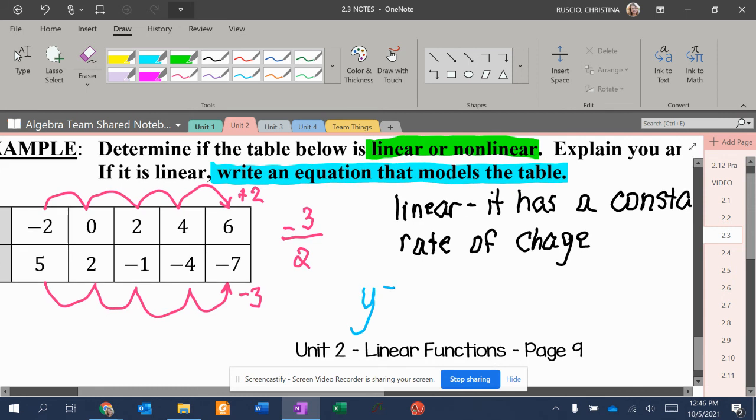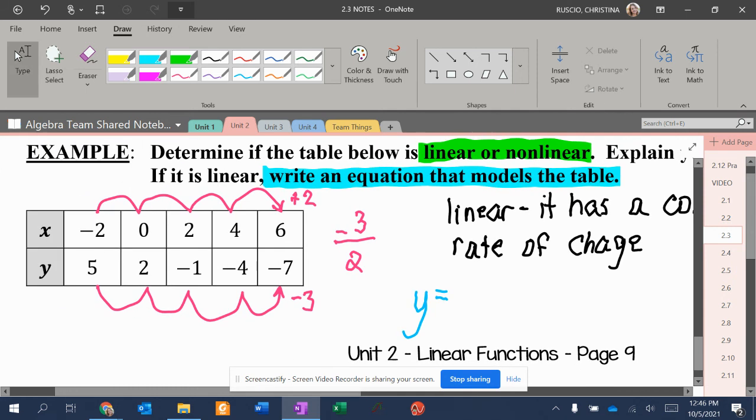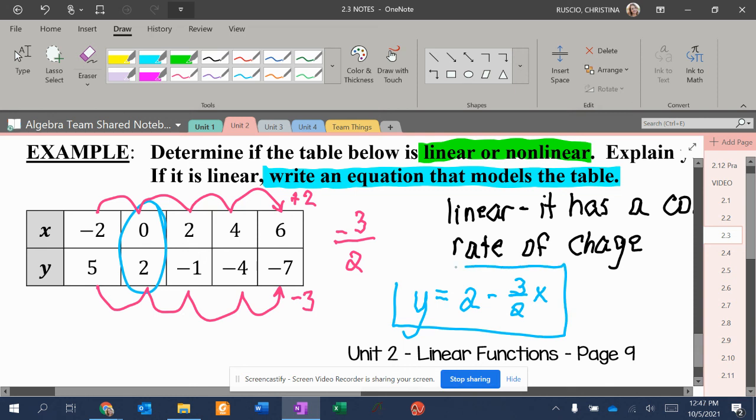So y is going to equal my y-intercept, so my starting point, which is 2, plus or minus the slope times my x value. In this case, my slope is negative 3 halves x. And there, my friends, is our equation. But like I said, if you didn't follow along with that, we are going to dive way deeper into how I just did that later in this unit.